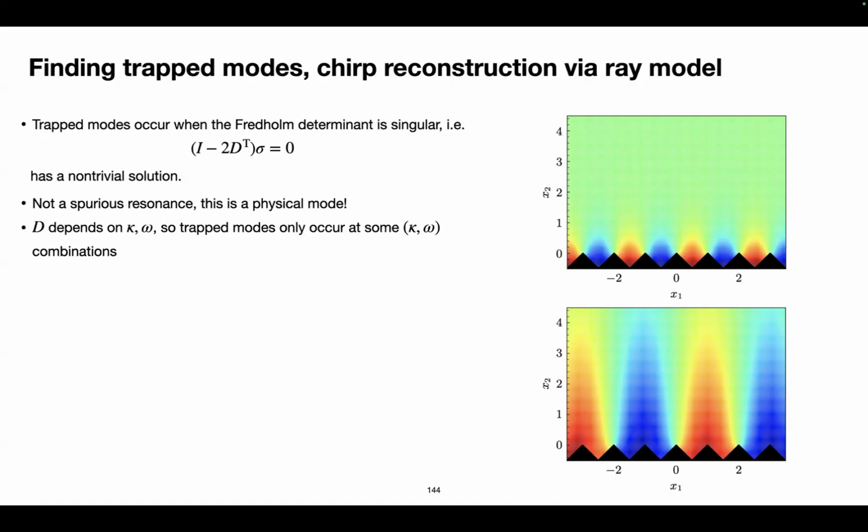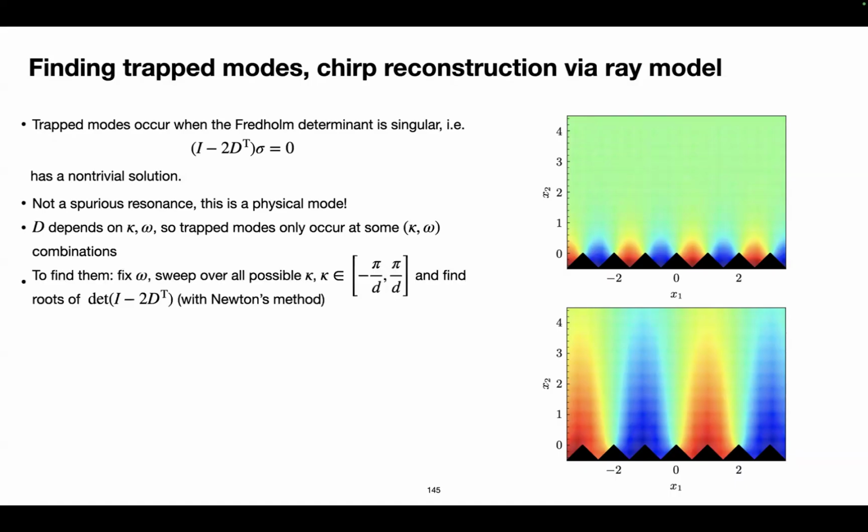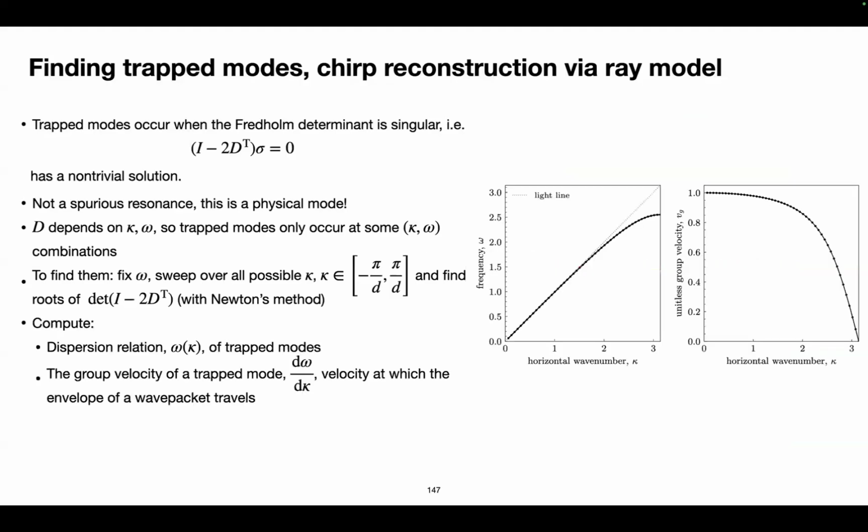So I can find where these modes are by finding where the determinant of the matrix is 0. That's a root finding problem, and I did that. And what that lets me do is compute something called the dispersion relation. The dispersion relation relates the length scale of that acoustic signal to the incoming frequency of the person that's shouting or the footstep.